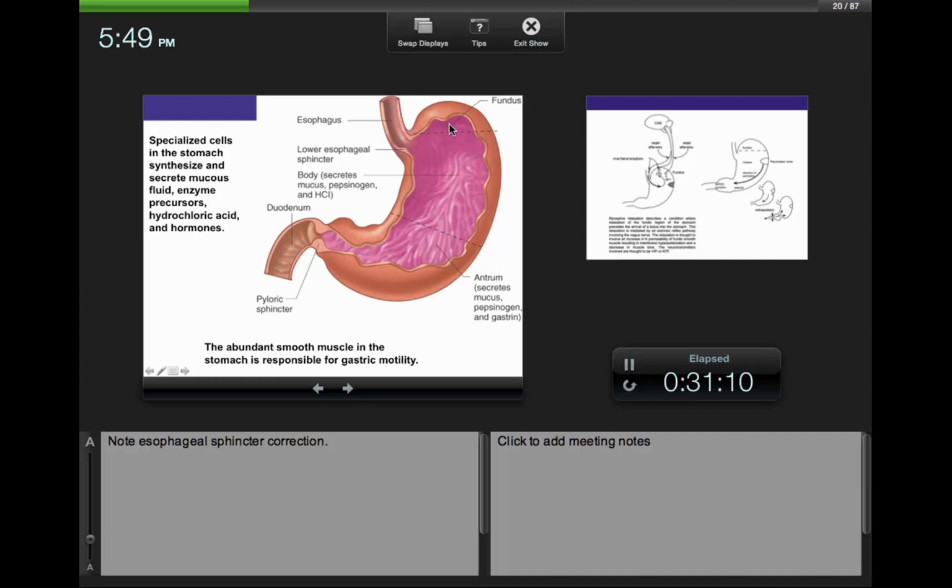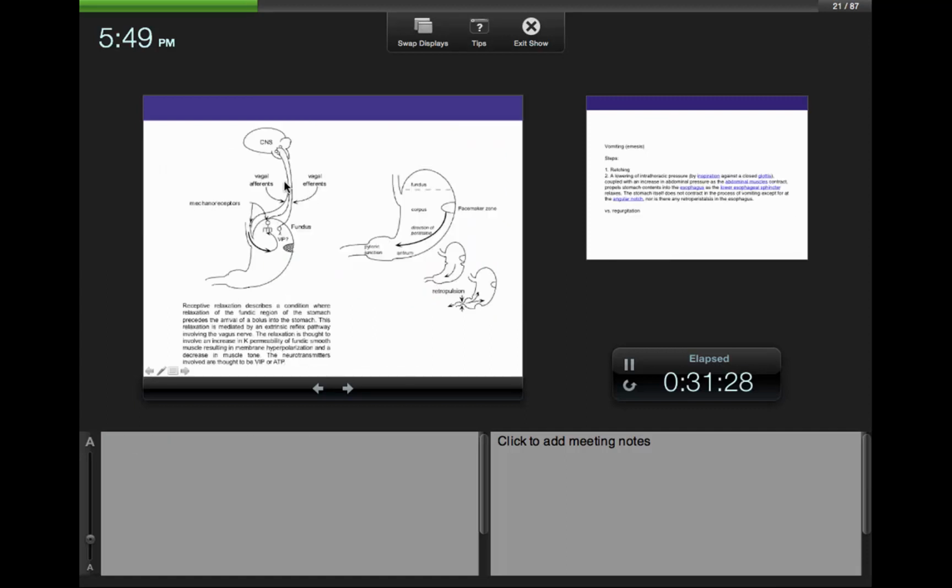Fundus, body of the stomach, and antrum is the lower part of the stomach. Okay, so the top part of the stomach up here, that's where receptive relaxation occurs. Receptive relaxation. That's an important term to understand. With receptive relaxation, I'll go to this next slide. You actually have mechanoreceptors. That's what these combs are.